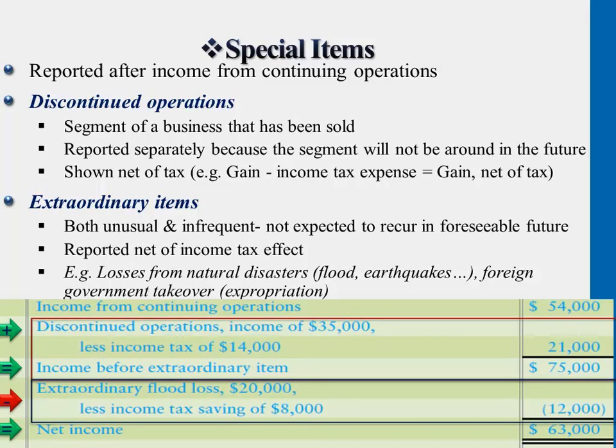You can also think of this entire calculation as 90,000 plus the 35,000 that we gain from discontinued operations, minus 20,000, times 40% as the total tax that we pay. We separate them into three sections and consider their net tax effects, but really overall it looks like this.